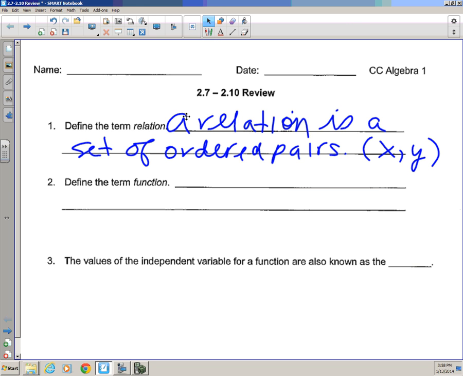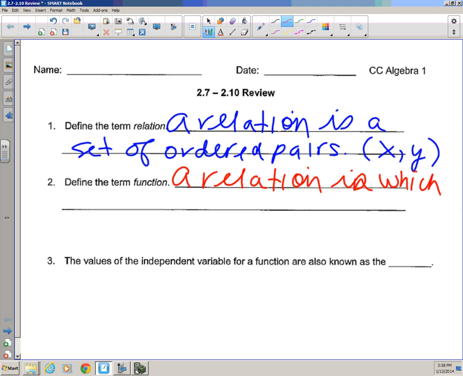A function is a specific relation in which no x values repeat.